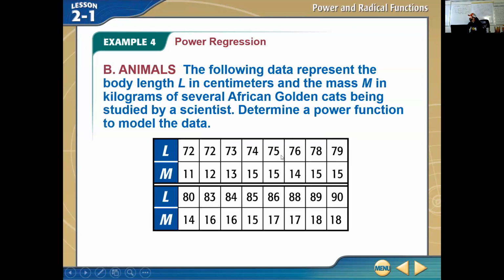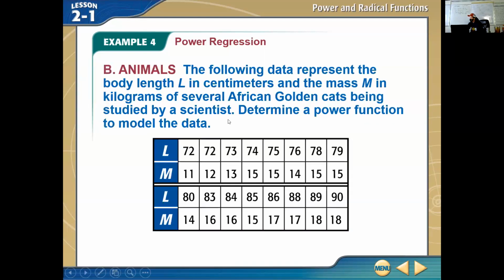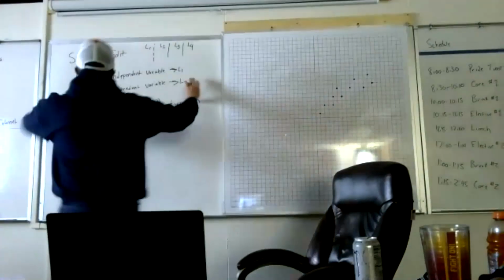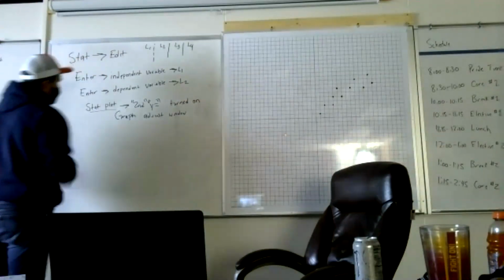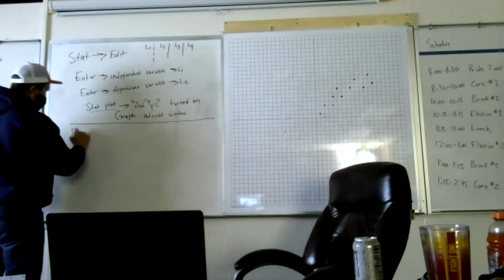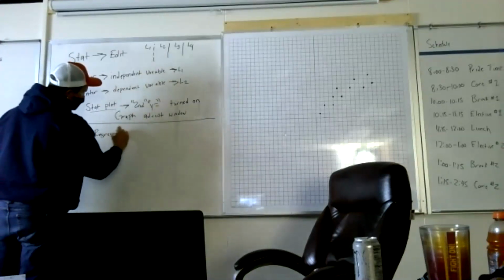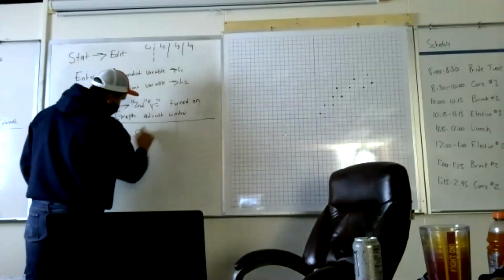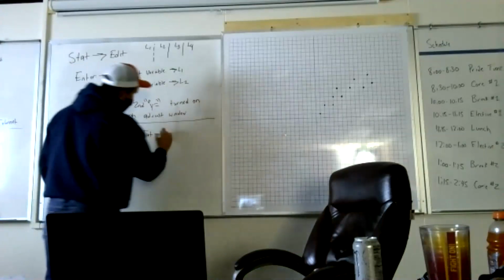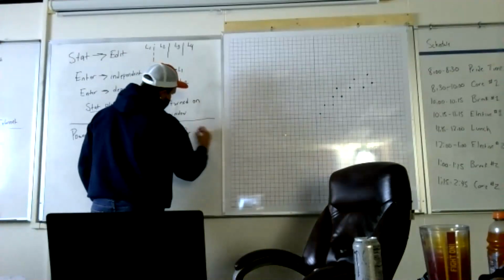Okay, here we're given the same information, but they want us to determine a power function to model the data. Okay, what we need to do is after we've entered all of this information, to use the power regression, we click on Stat, we go to Calc, and we enter PWR.